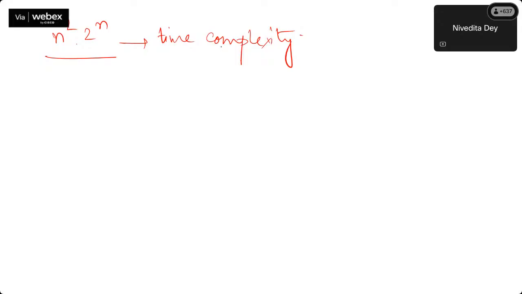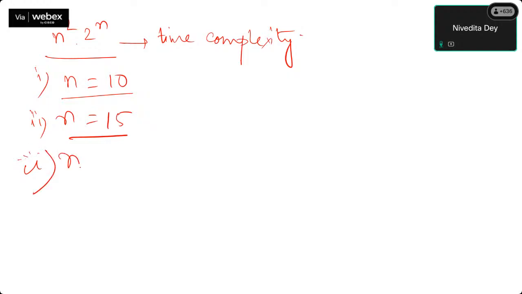Now see, remember, what is the complexity that we are getting? N square into 2 to the power n. What is it? Time complexity. Now say your n is equal to 10, then n equals 15, then say n equals 100. So time complexity here will be 10 square into 2 to the power 10.